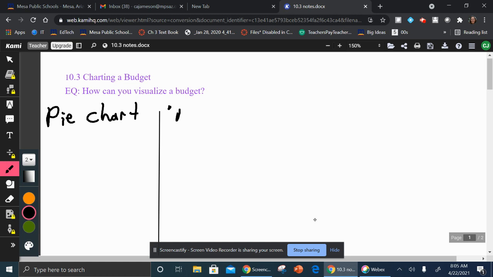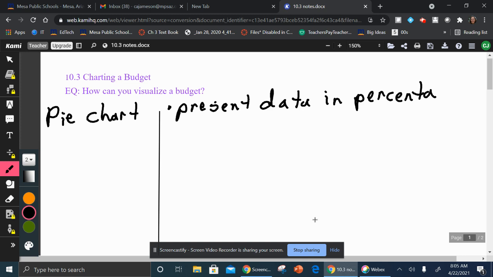And it presents the data in percentages. And each region is called a sector.